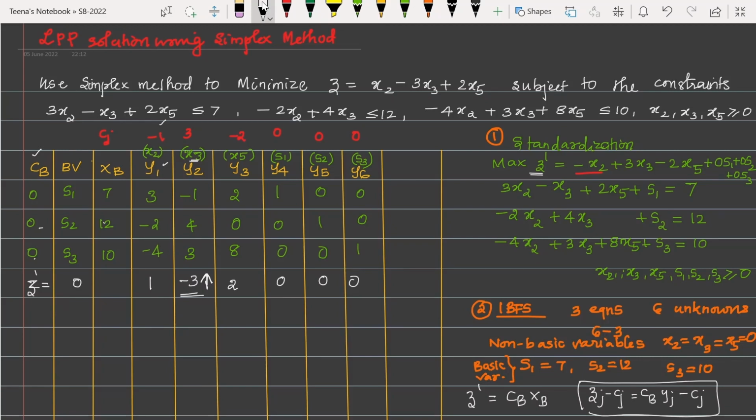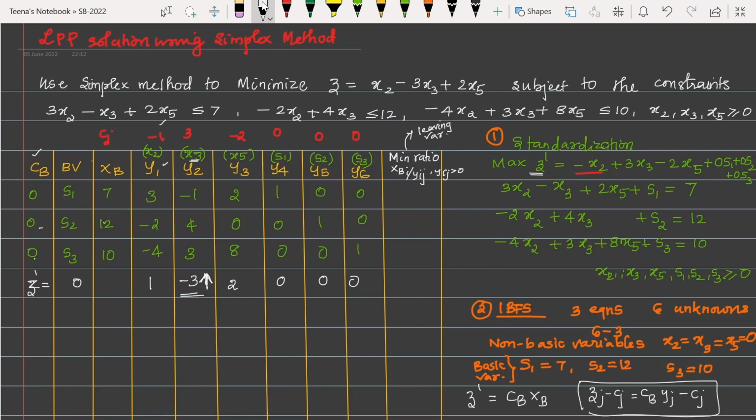In order to get that leaving vector, we apply the minimum ratio rule. So let us calculate it. The minimum ratio rule is xbi by yij, provided this yij is strictly greater than 0. So xbi, this column, is divided by yij, the entering column value.